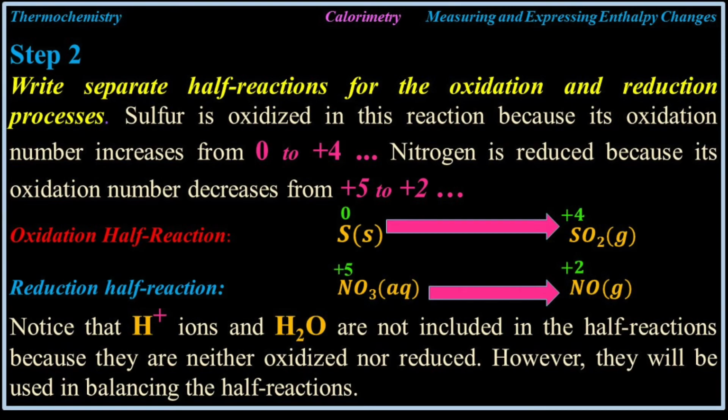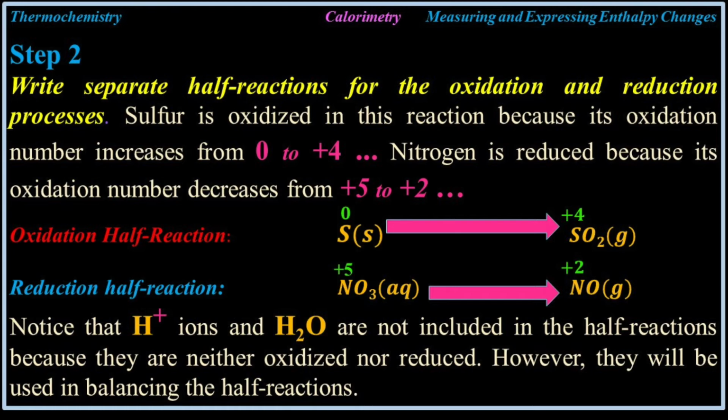Step 2, write separate half reactions for the oxidation and reduction processes. Sulfur is oxidized in the reaction because its oxidation number increases from 0 to +4. Nitrogen is reduced because its oxidation number decreases from +5 to +2. So the oxidation half reaction is sulfur yields sulfur oxide, going from 0 to +4.